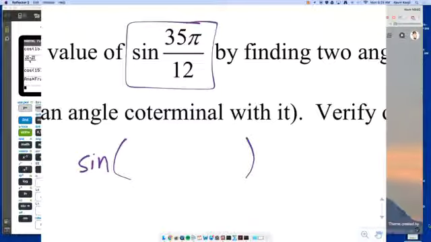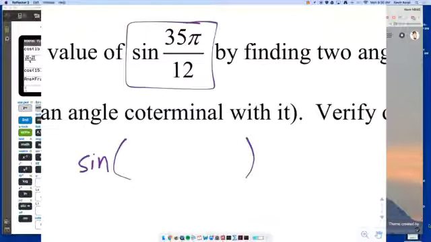So if you're watching the video at home, no need to pause. Keep it running. Find the angles. If your angles still end up being too big, like they're outside of one rotation, that's fine, because remember, coterminal angles have the same trig ratios.